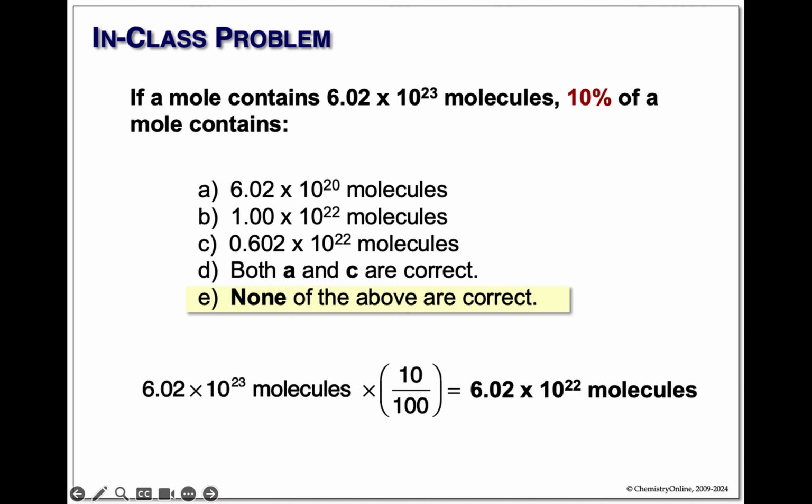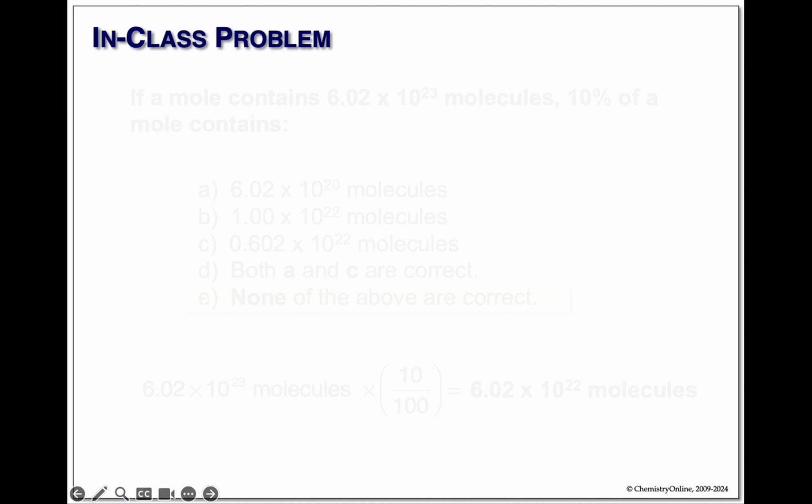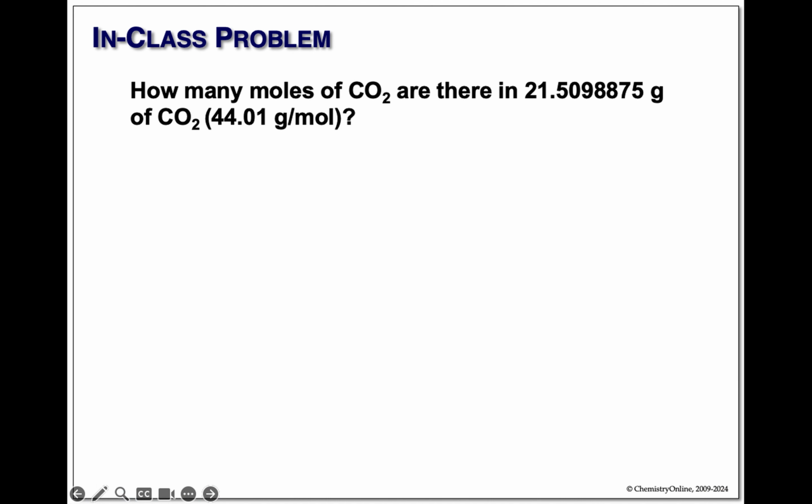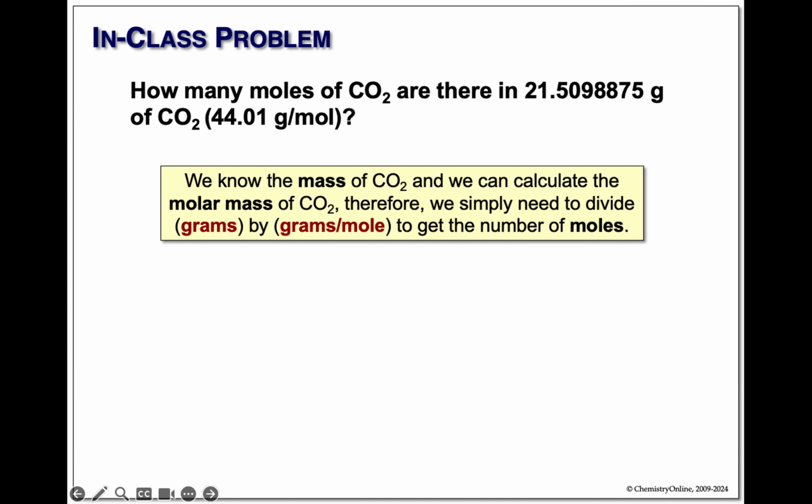Well, let's do another simple one. Here I have 21.5098875 grams of CO2. Its molar mass, 44 grams per mole. How many moles is it? Well, we know the mass. We know the molar mass right here.